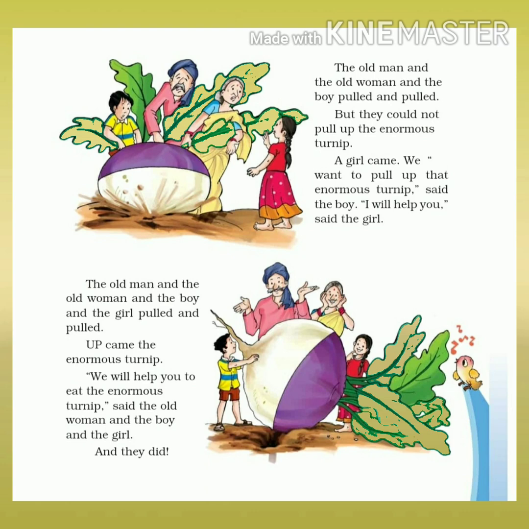A girl came. We want to pull up that enormous turnip, said the boy. I will help you, said the girl. The old man and the old woman and the boy and the girl pulled and pulled.